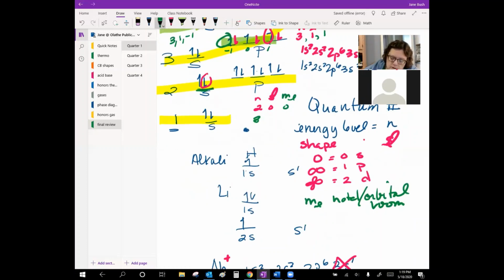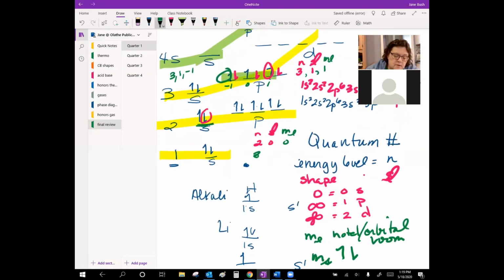The last number is the spin, which means either up or down. This guy here is up, so he's going to be a +1/2. This guy's up, so he's going to be a +1/2. This guy was down, so he's going to be a -1/2. Okay?